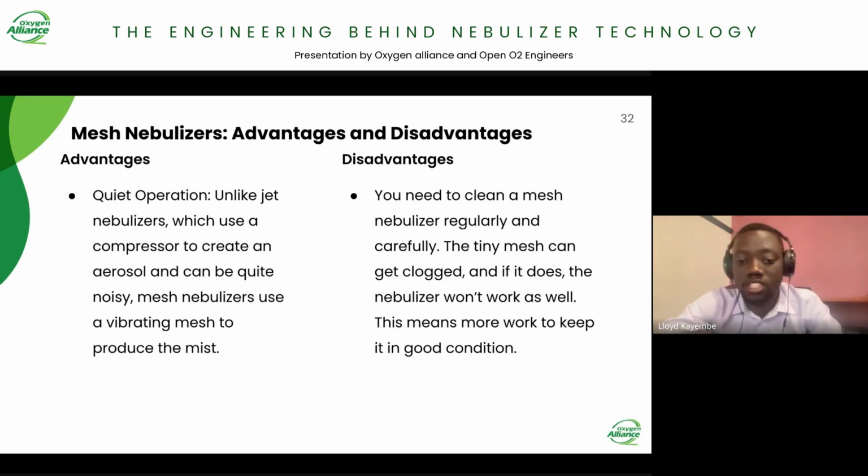But on the disadvantage side, the mesh nebulizers need regular cleaning because the tiny mesh can easily get clogged. So a user is required to regularly clean these meshes. That's one of the disadvantages.